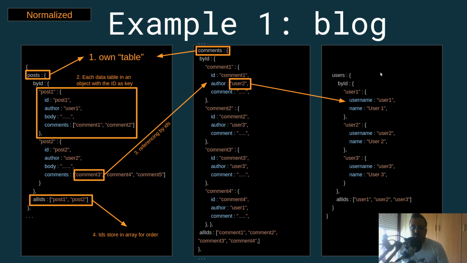So here the users. Now we have user one with the username and the name. Username is the ID. I think I forgot one arrow here, but you see that user one references this object.